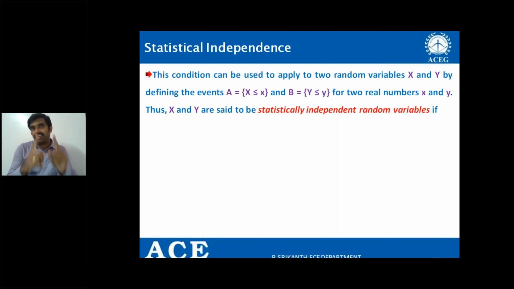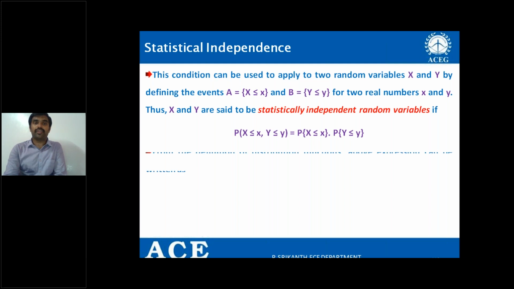If I take two events, one is A and the other is B, where A is X less than or equal to x and B is Y less than or equal to y, then from the same statement taken in the previous slide, that is P of A intersection B equals P of A into P of B, similarly here, if that condition is satisfied, you can say they are statistically independent. That is P of X less than or equal to x into P of Y less than or equal to y, right?